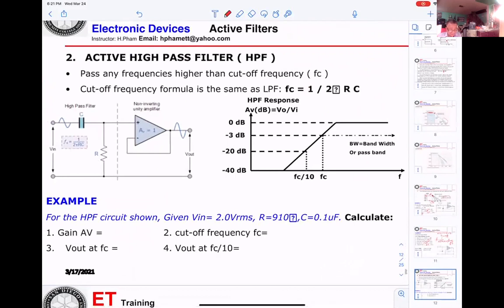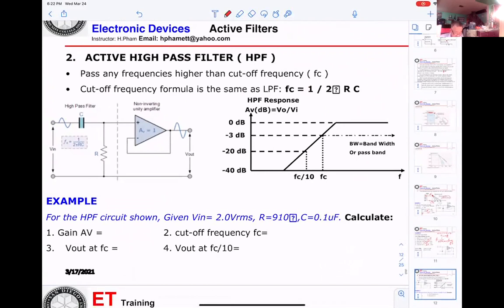Okay, go next. High pass filter. Now you can really understand it. A high pass filter allows any frequency higher than cutoff to pass, and less than cutoff will be attenuated.